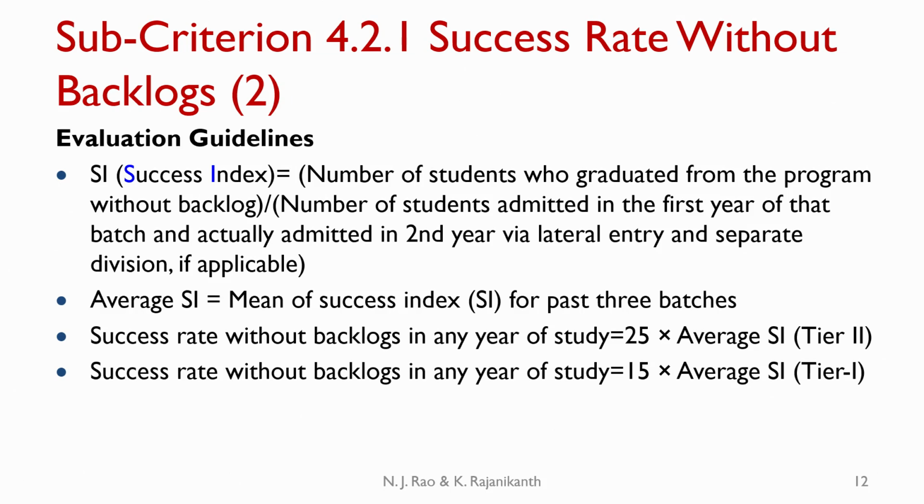So, the success rate without backlog in any year of study is 25 multiplied by average SI for tier 2, and 15 multiplied by average SI for tier 1. That is the way the marks are computed for success rate without backlog.